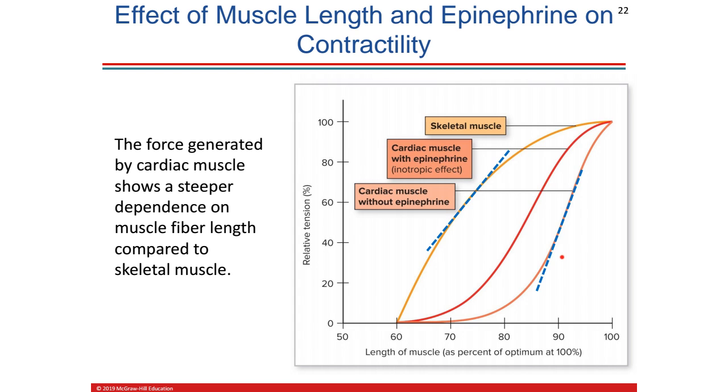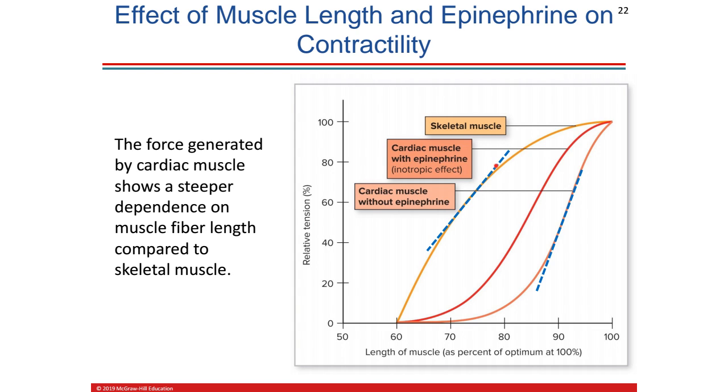Now the cardiomyocytes of the ventricles are stretched, but suddenly there's a relatively rapid increase in the force generated by the cardiomyocytes in the ventricles, and that allows them to eject a lot of blood during the ejection phase of systole. And so this is actually very important, the fact that this is so steep.